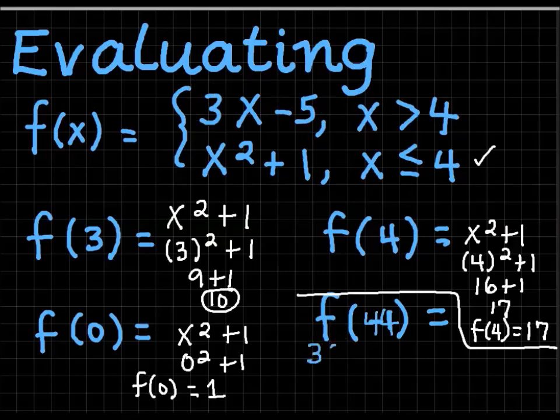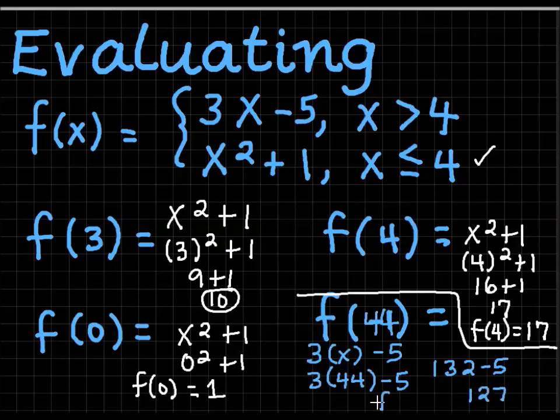Only now it's going to be 3 times 44 minus 5. So what is 3 times 44? Well, it's 120 plus 12, that's 132. 132 minus 5 is 127.